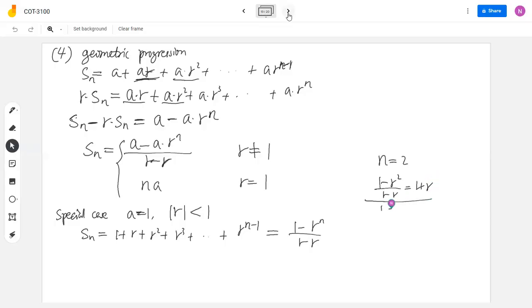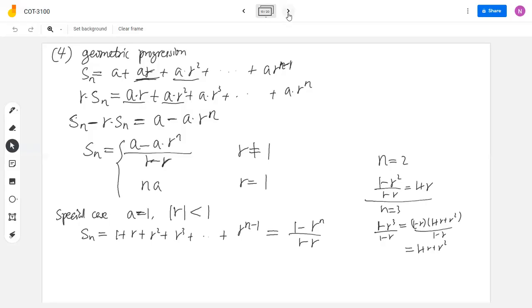And n equals 3, you get 1 minus r cubed divided by 1 minus r, and 1 minus r cubed is 1 minus r times 1 plus r plus r squared. So you can easily verify this for small values. And this summation tells you this nice formula holds for every integer n.